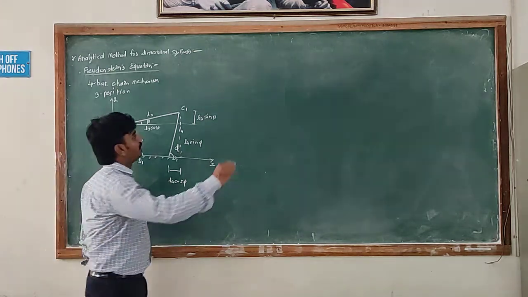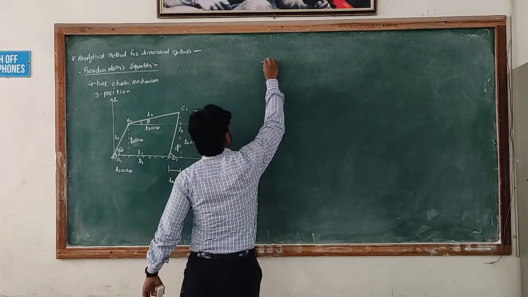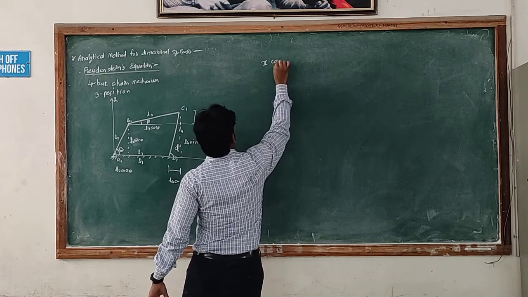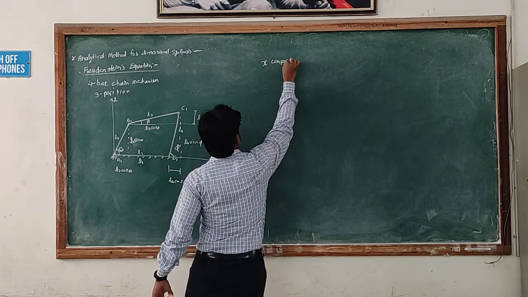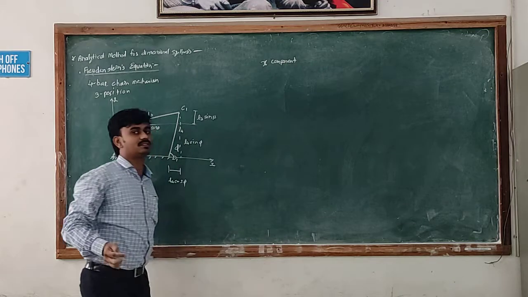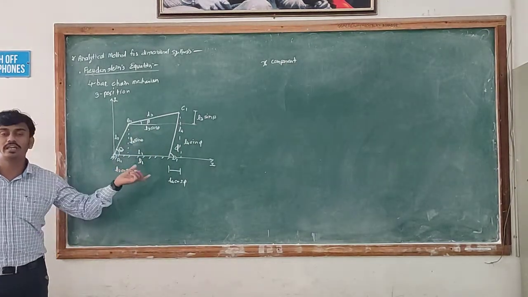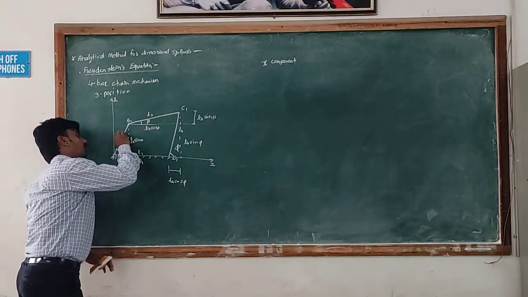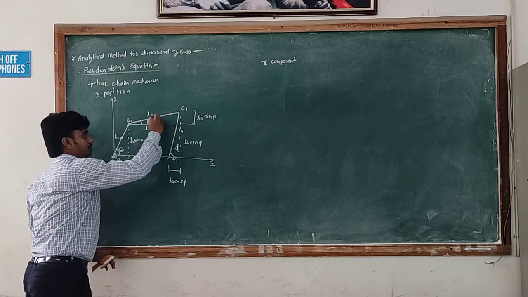So we will take the x component. X component means the component which is along the x direction. We consider this as a vector diagram.